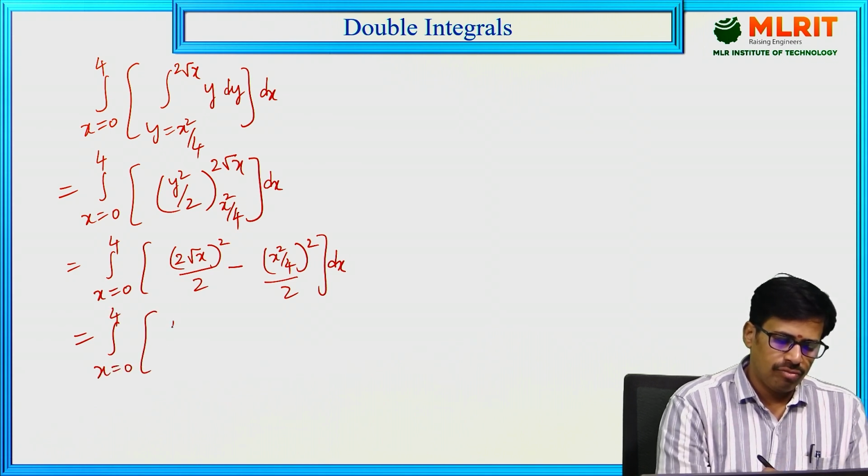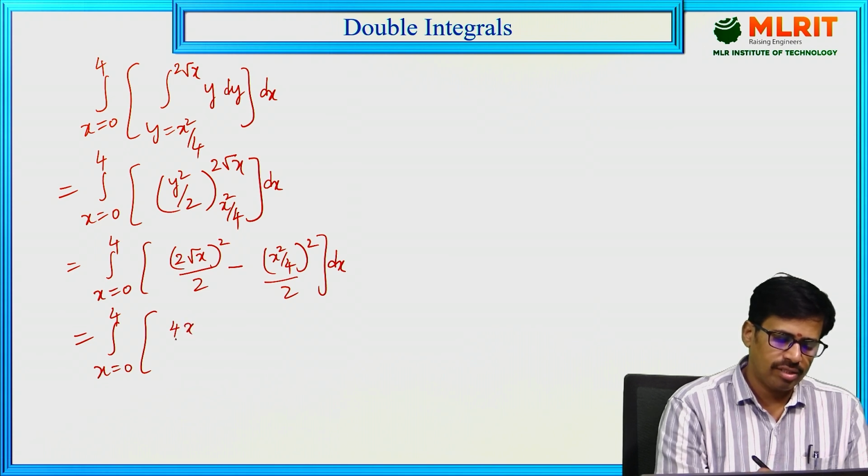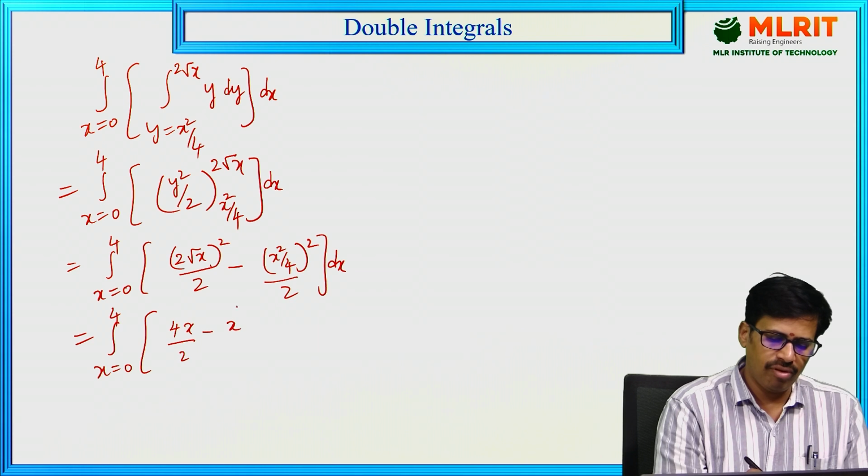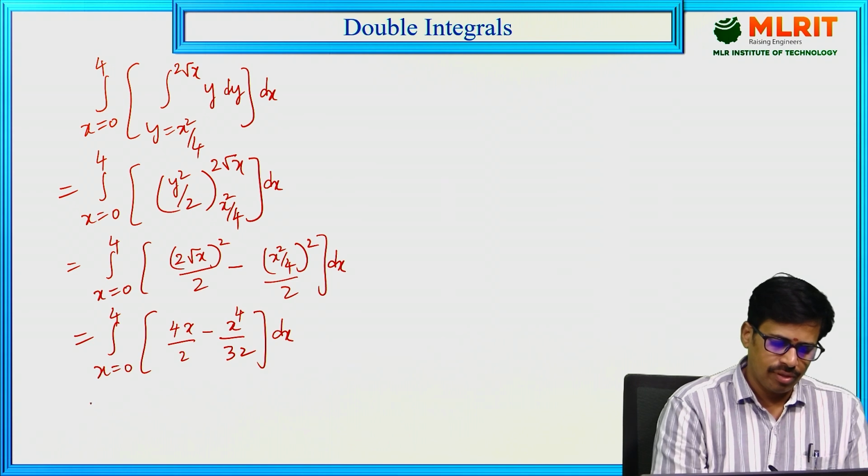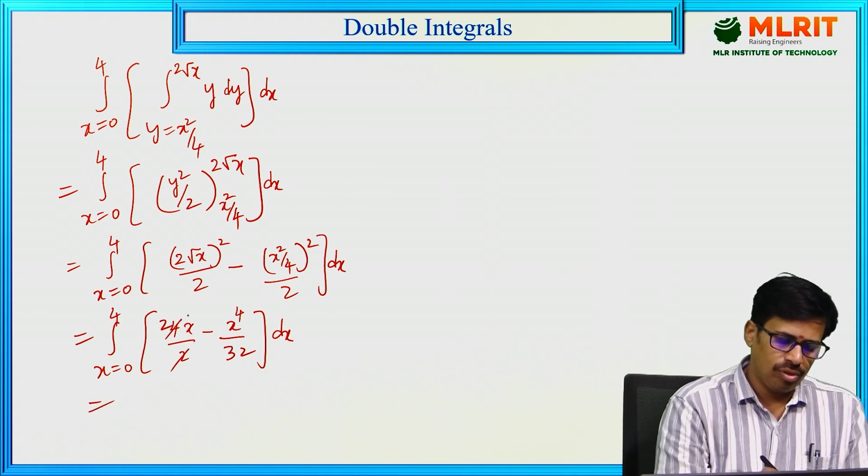So this can be written as x equal to 0 to 4. Here 2 root x whole square is 4x by 2, minus x square by 4 whole square means x power 4 by 16, by 2 means by 32, dx.